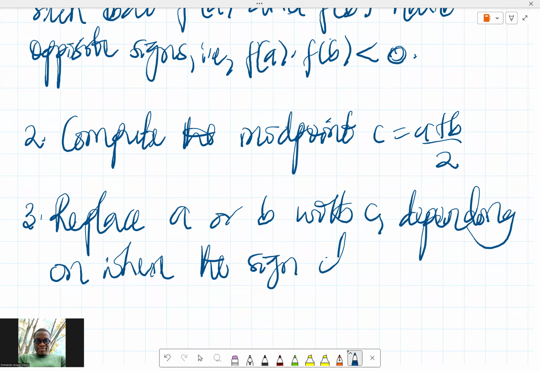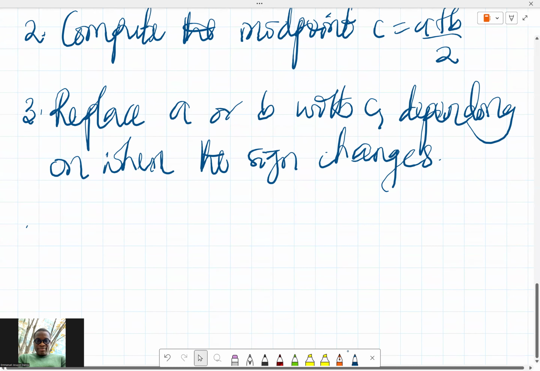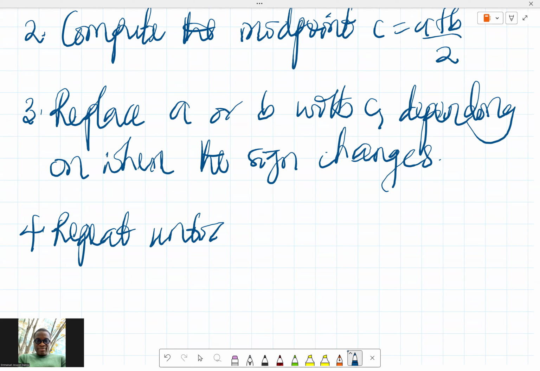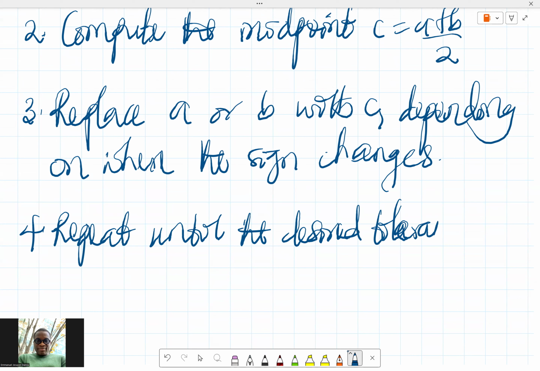We're going to see this as I demonstrate with an example. Then the fourth step, you repeat until the desired tolerance is achieved.